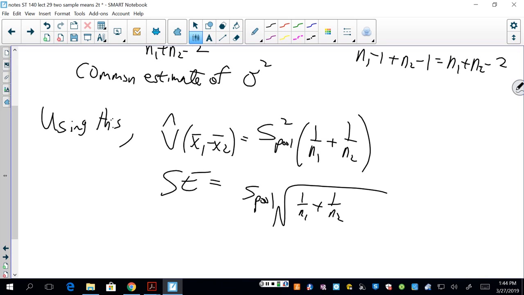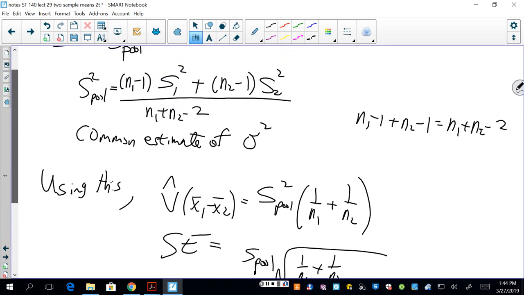Two samples, we get two sample sizes, two means, two standard deviations, and we do something with that. So that equation, the n1 minus 1, like the s up there, that's a common estimate of sigma squared, you're saying? Yeah. And would it be the same for the variance of both x bar 1 and x bar 2?